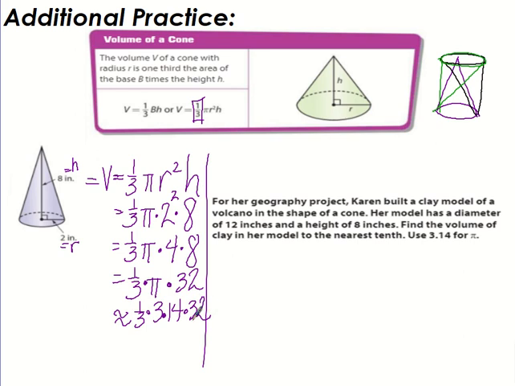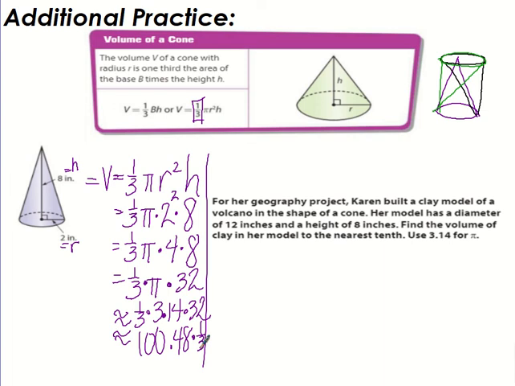So I'm going to actually do 32 times 3.14, 100.48, and then I'm going to times this by 1/3. So remember, timesing by 1/3 is the same as dividing by 3. So if you're going to do it in your calculator, take 100.48 and divide it by 3.